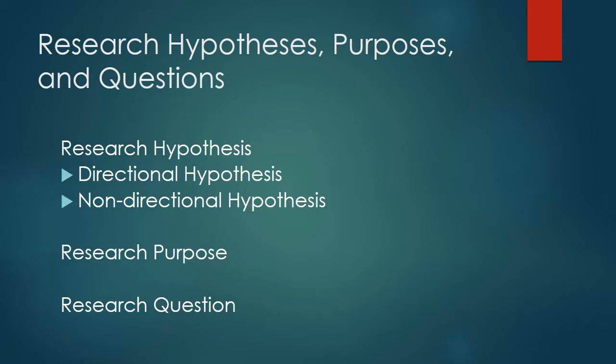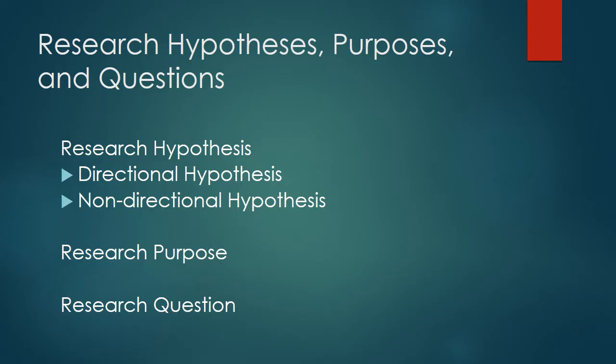Now, when I say educated guess, I don't mean a guess off the top of your head. But think of the research that you have already started doing in your critical annotations. At a certain point, based on having read a series of articles and other research, you could then make an educated guess. That would be your research hypothesis.